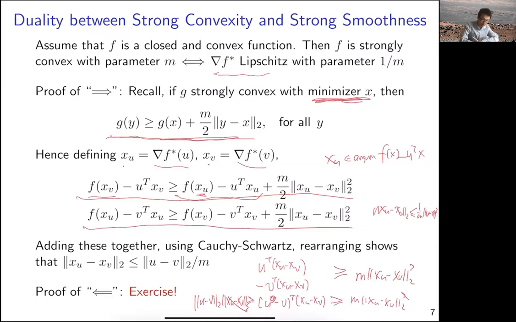So that implies the gradient of the conjugate at u minus the gradient of the conjugate at v is smaller than 1 over m times u minus v. Right, which checks the definition that the gradient of f star is Lipschitz with parameter 1 over m. Yeah, I'll leave the other direction of this equivalence as an exercise.